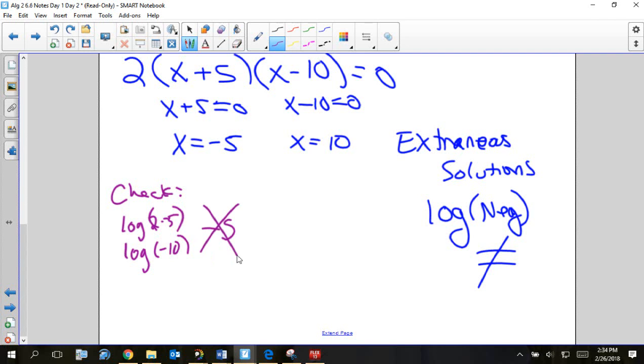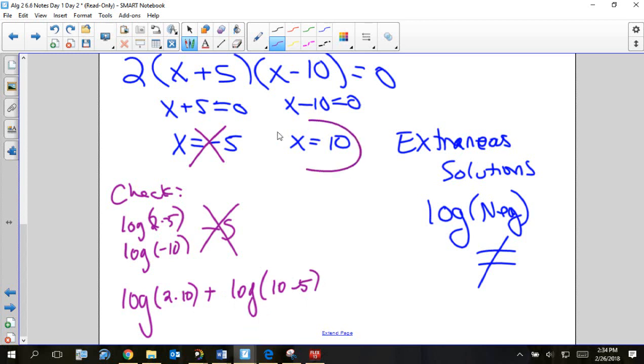How about 10? We better check both. So log of 2 times 10, that one's going to work. Then plus log of 10 minus 5. Yep, that one will be fine. So we should be good with that one. You just can't have the log of a negative number. That's how you know it's been checked.